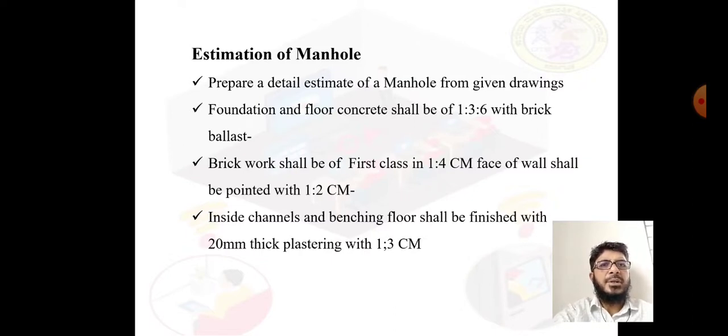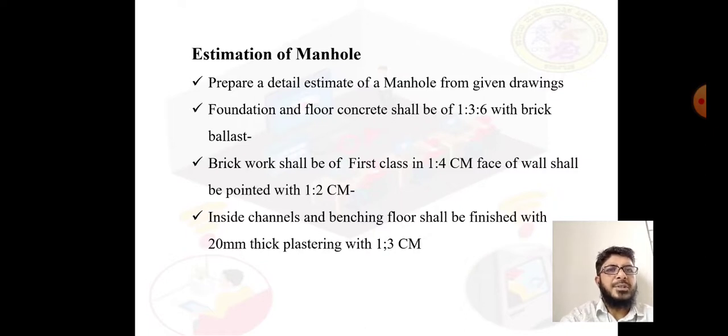Now come to our main topic, that is estimation of manholes. I'll read one example and we'll see the sketch of the manhole that we have to estimate. First, prepare a detailed estimate of a manhole from the given drawings. Foundation and floor concrete shall be of 1:3:6 with brick ballast.